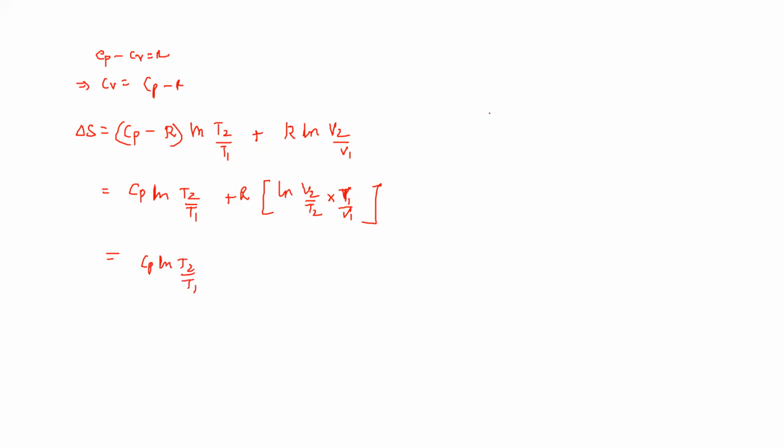Now from the general equation of state, we have P1 V1 by T1 is equal to P2 V2 by T2. Hence, we'll have V1 by T1 into T2 by V2 is equal to P2 by P1. So this term can be written as P1 by P2.